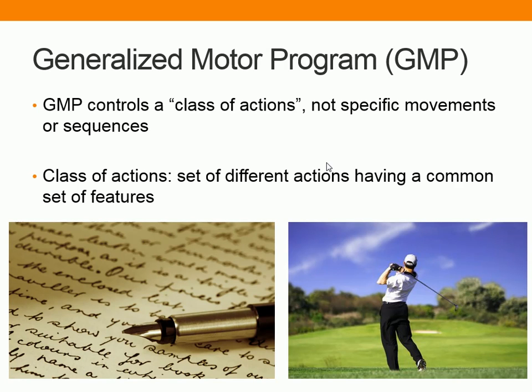So if I think about the sport of golfing, probably with the exception of putting, anything from my driver all the way down to my chipper, I'm going to operate a very similar motion. For all those different types of golf swings using different clubs, I could say I can probably operate them all under the same generalized motor program.